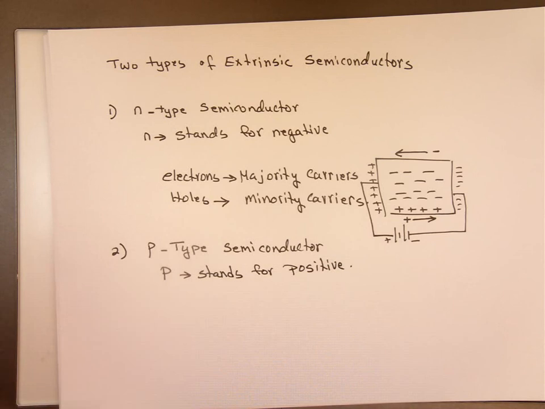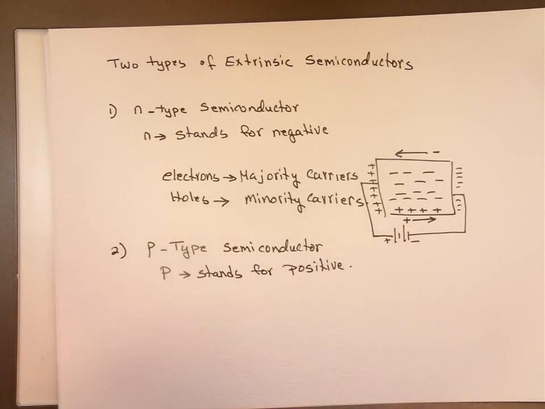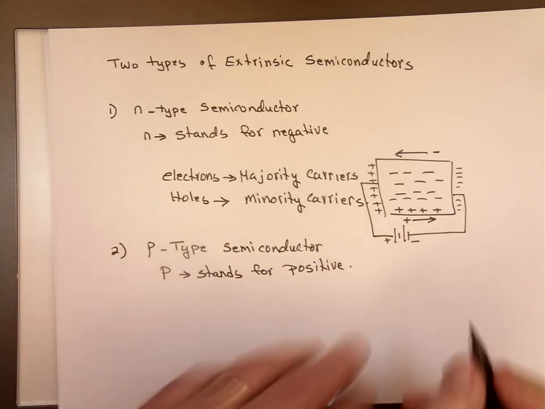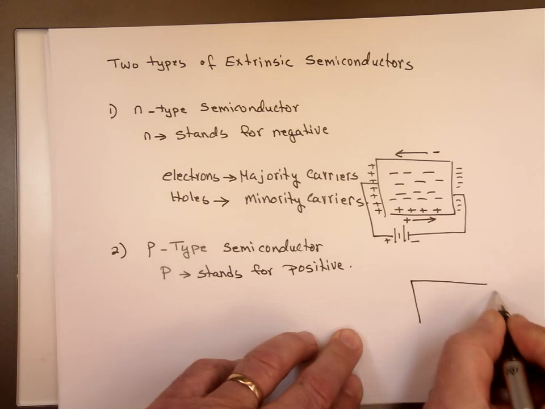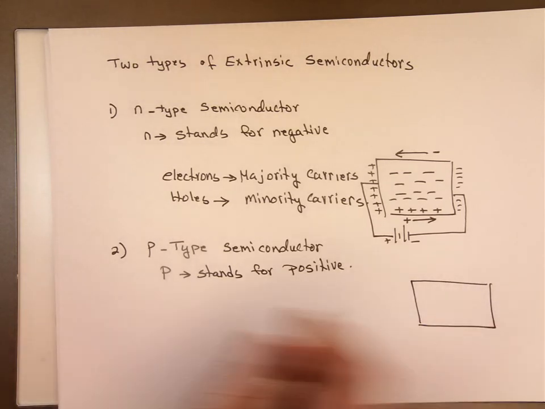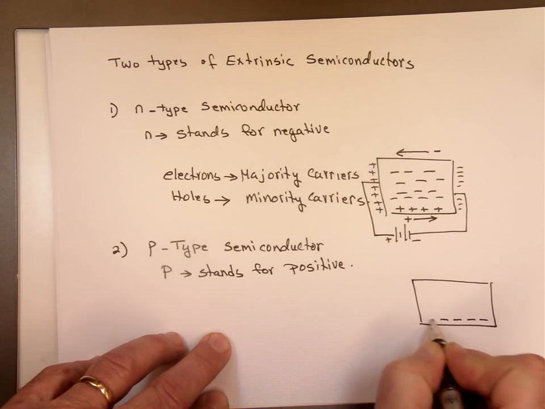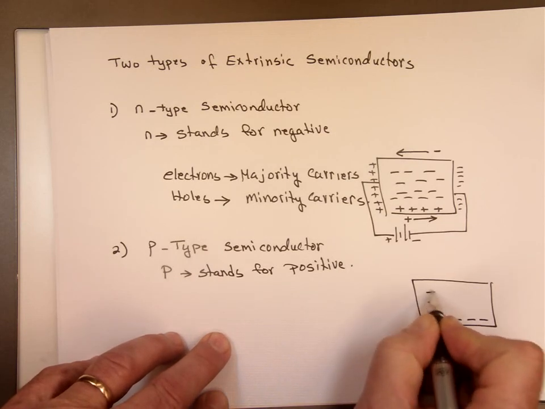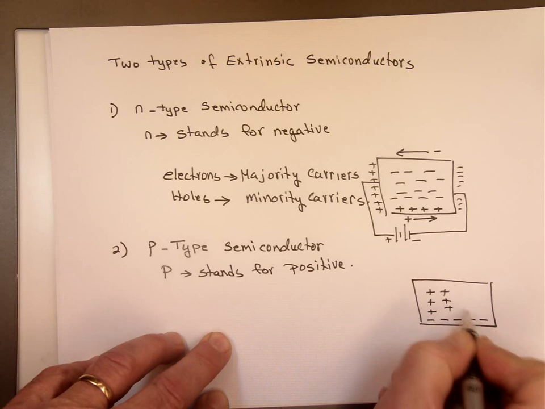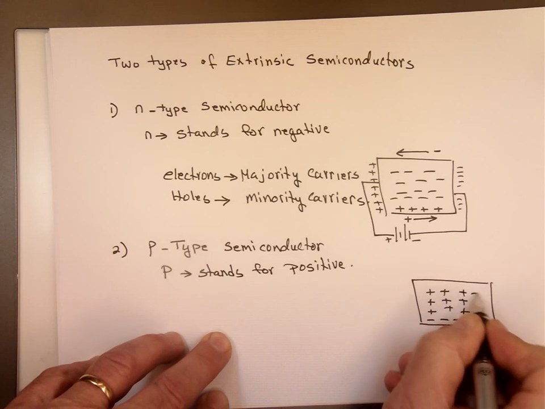That's what the P stands for, positive. And since the holes outnumber the electrons, if I draw a picture of that, it will look like this. There are only a few negative charges here, but the bulk of them are positive. Way more positive than negative.